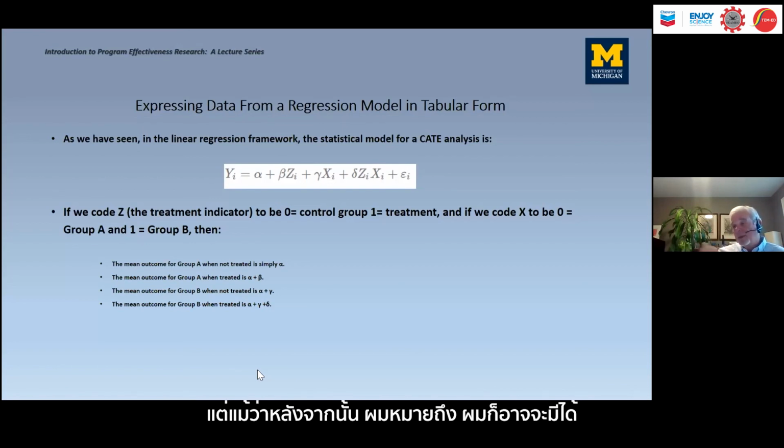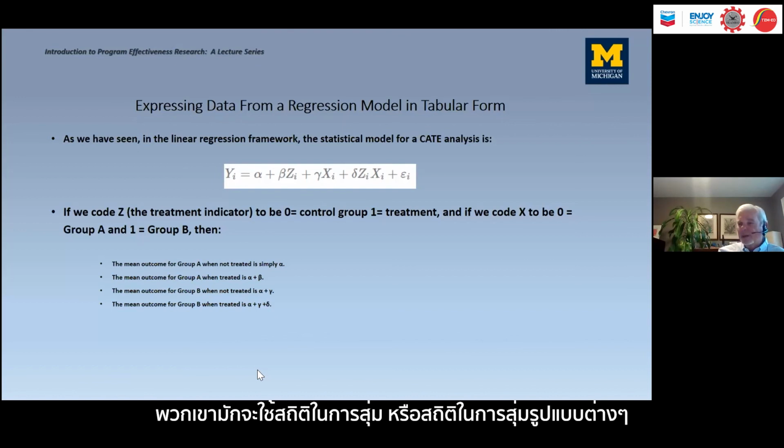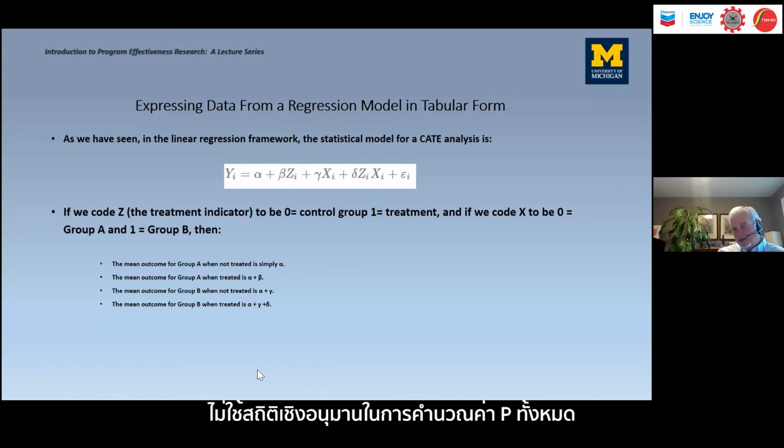But even then, the way people handle that problem is they usually use randomization statistics, or forms of randomization statistics, not inferential statistics, to calculate all the p-values. So that's the second part of this.